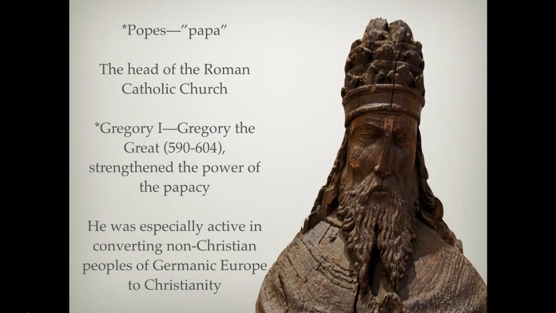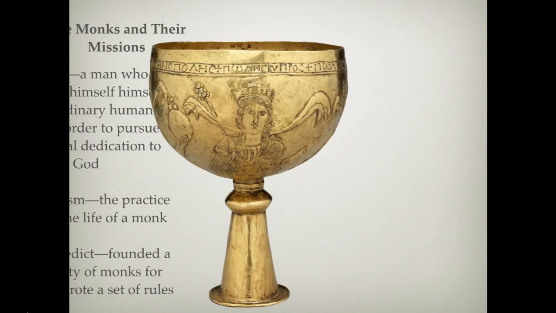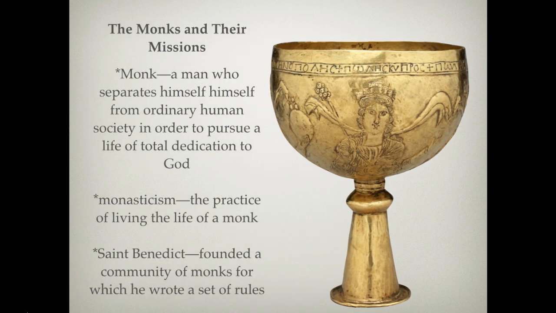He had a very zealous drive to see the European peoples convert to Christianity and to Catholic Christianity specifically. And so this is going to be a major shift that begins to occur under his supervision. Other things that began to emerge, Christianity began to develop a monastic, ascetic quality to it as well.